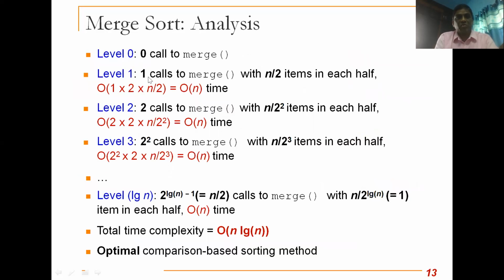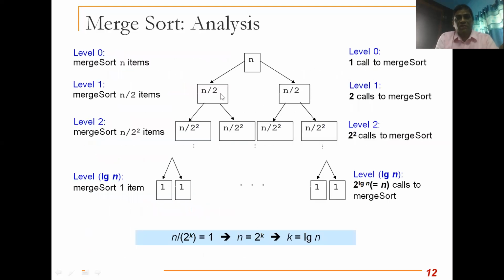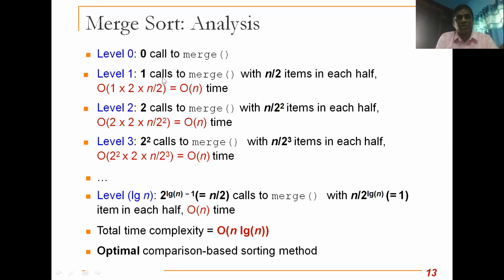In level 1, how many calls are made to merge? Okay, in level 1, the first half has n by 2 elements, and the second half has n by 2 elements. So when you get this list sorted and this list sorted, you will apply a single merge call to sort these two halves. So in level 1 you require one merge call, each sublist having n by 2 items. Then what is the time required for this merging operation?